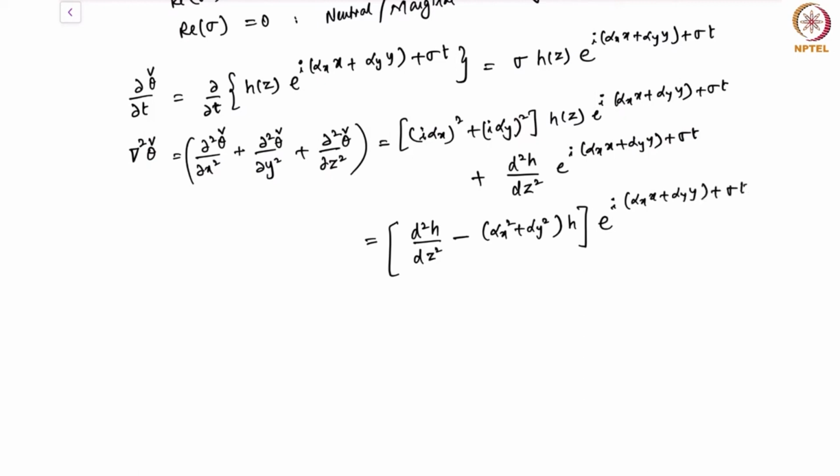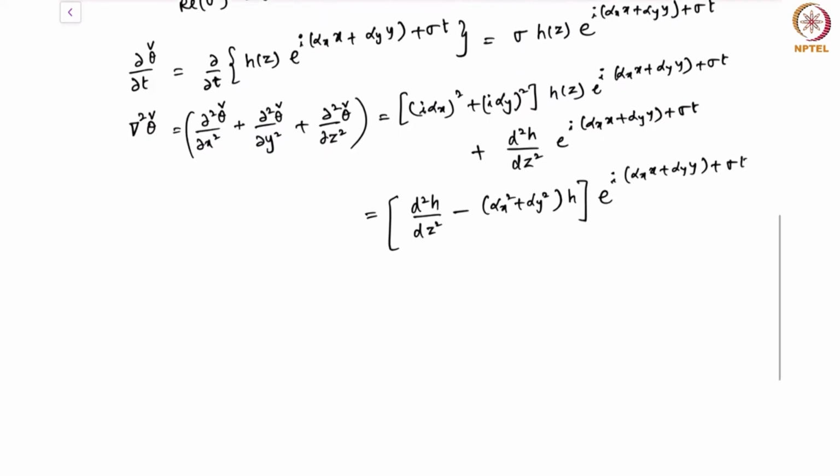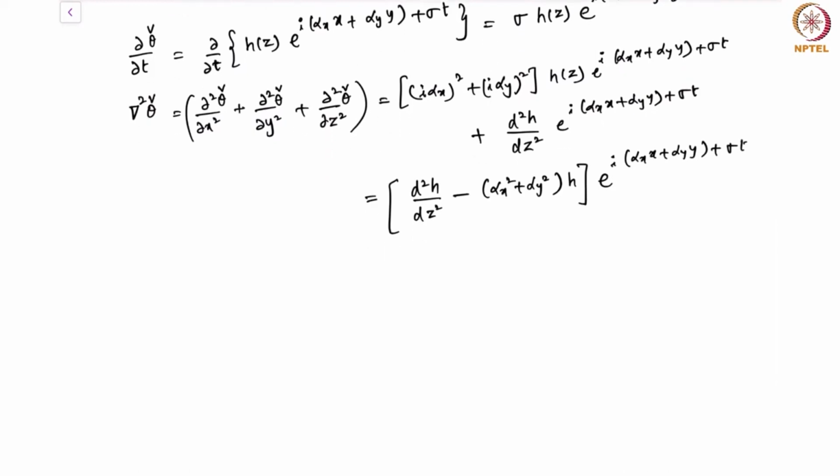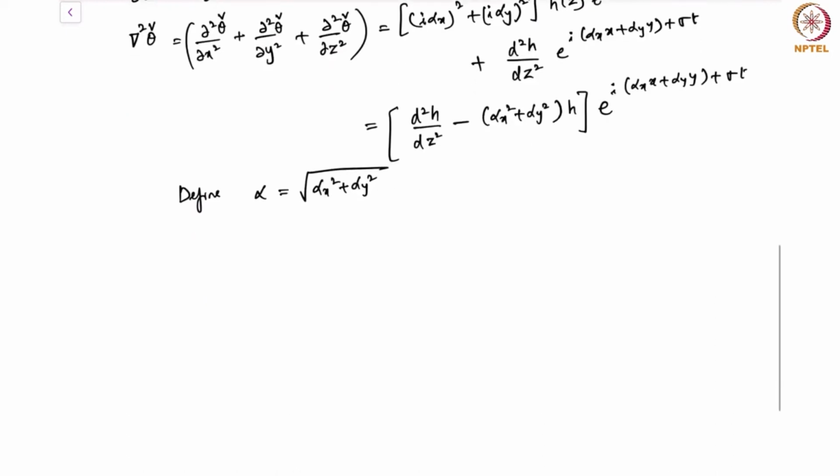Sigma t. Okay. Now we can always define alpha to be square root of alpha x square plus alpha y square, and we will also use one more shorthand notation. We will also say D is nothing but d by dz.